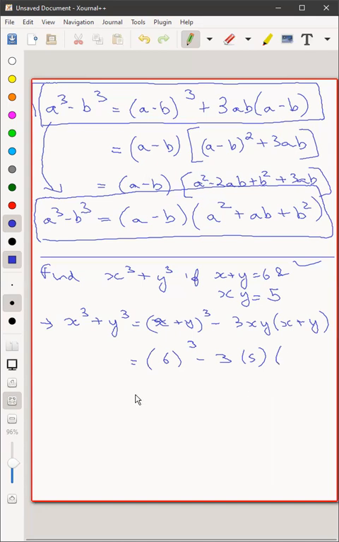What's 6 cube? 6 cube is 216. Minus 3 into 5, 15, 15 into 6, 90. So the answer is 126. Right. Got it. So if we know the identity, it always makes it faster. Otherwise, you could always use a plus b the whole thing cube or x plus y the whole thing cube. Yeah, Vishwa.